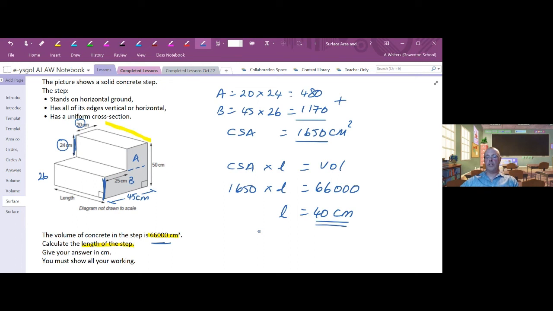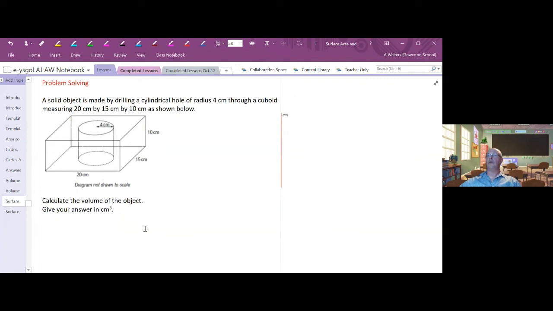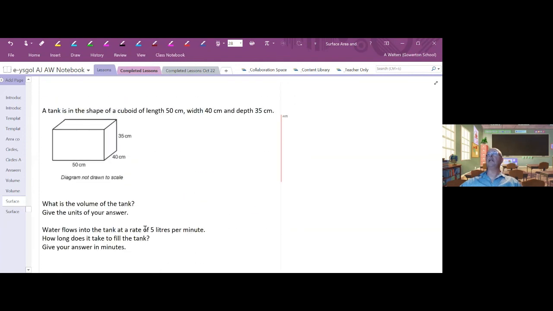Right, I think I've got time for one more question. And the one I'm going to do is this. Sometimes, especially in numeracy, they say that water flows into a tank at 5 litres per minute.